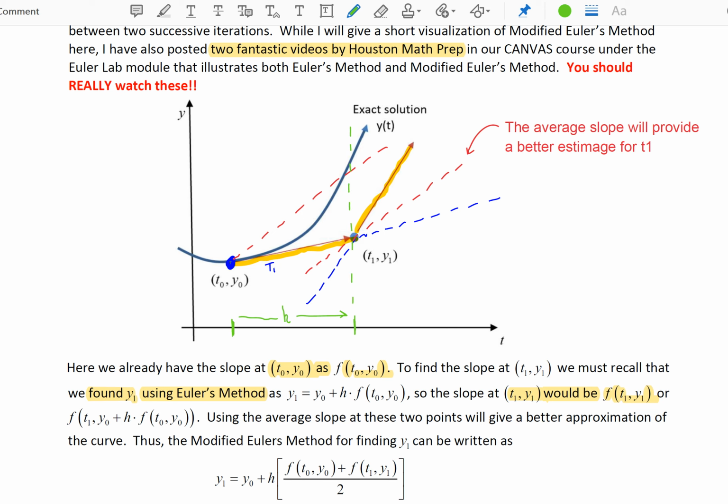So here, Euler's method provides this approximation for y1, while modified Euler's method provides this approximation, which is really close to the exact value of our y value on our solution.